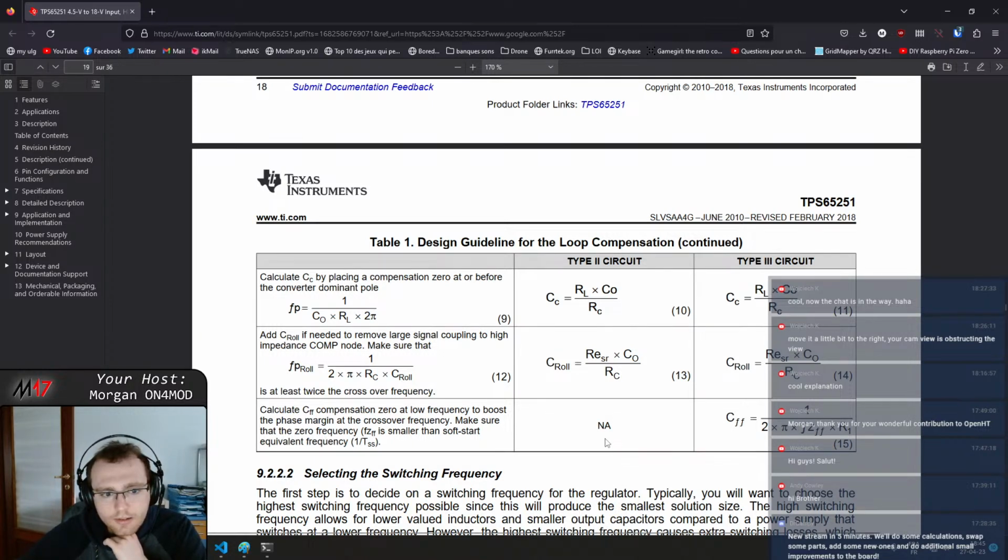So if we want a 0 which is before another one, so a bit lower, then maybe we can just pick a C which is higher, and then it would not be 47 nanofarad, it would be 68 nanofarad.